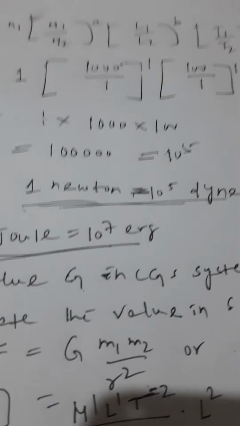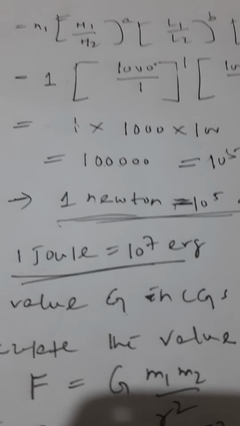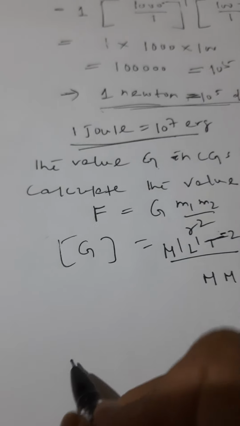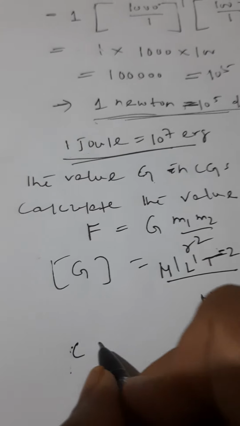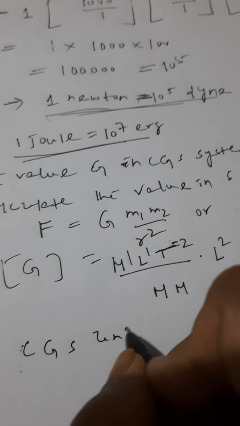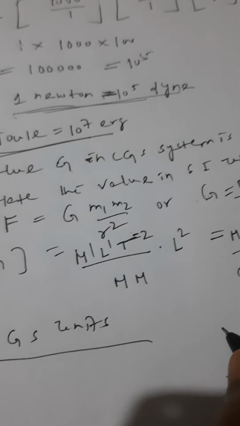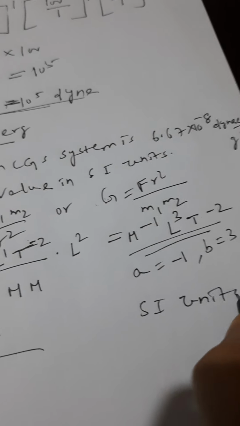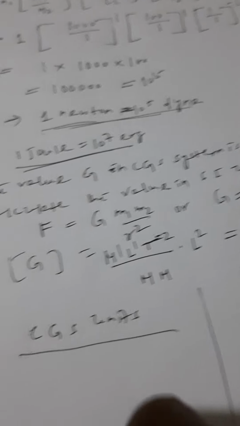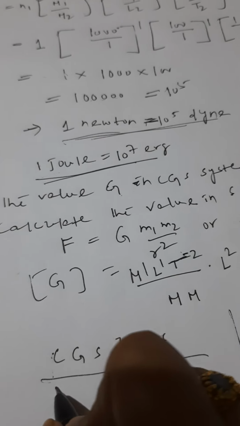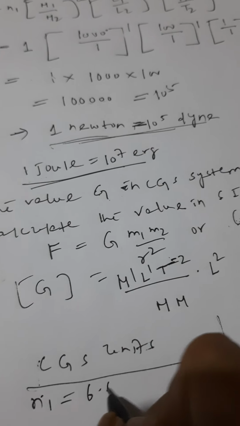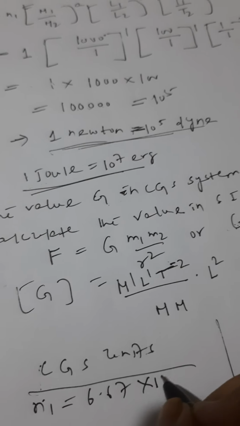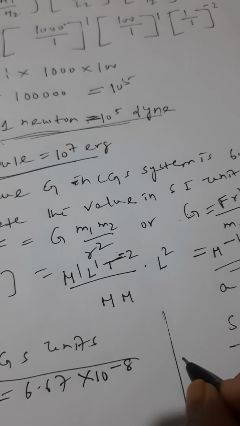But before this, what we will do here is CGS to SI unit. So on this side first we will write CGS units and here SI units. In CGS, N1 is given, 6.67 into 10 to the power minus 8.